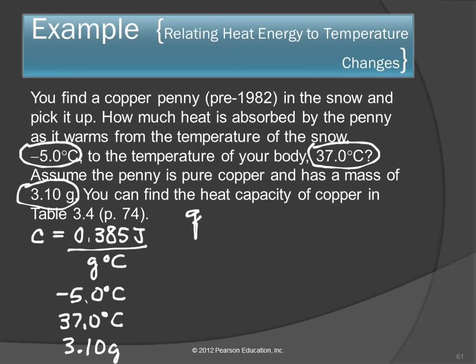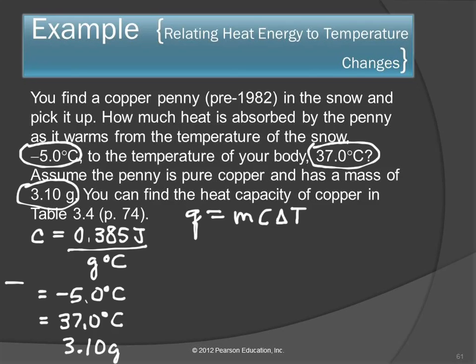So Q equals mc delta T. So we looked up the heat capacity because they told us to do that. What are these two temperatures? We need a final and an initial. What's the first temperature of the penny?